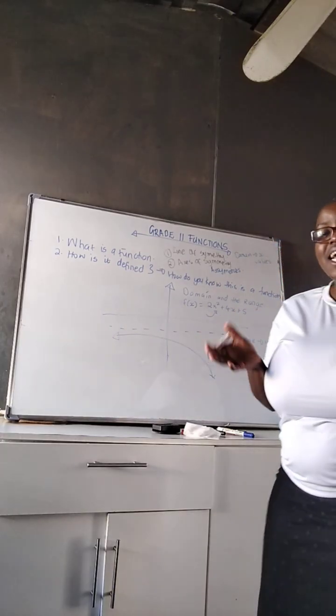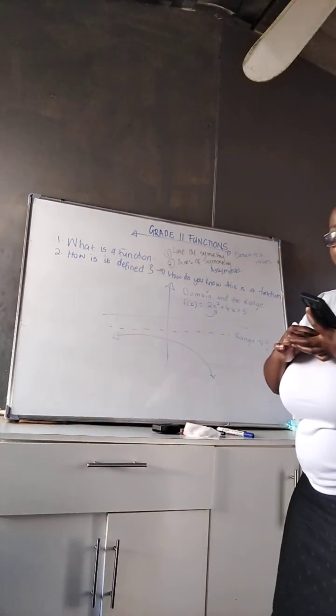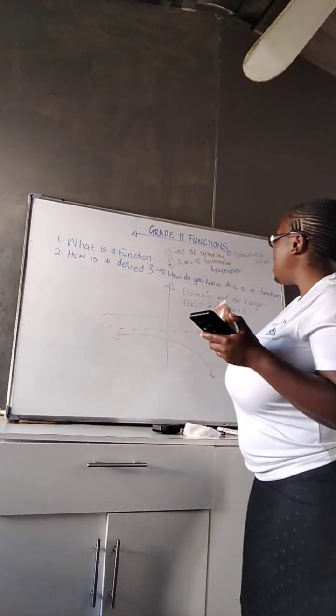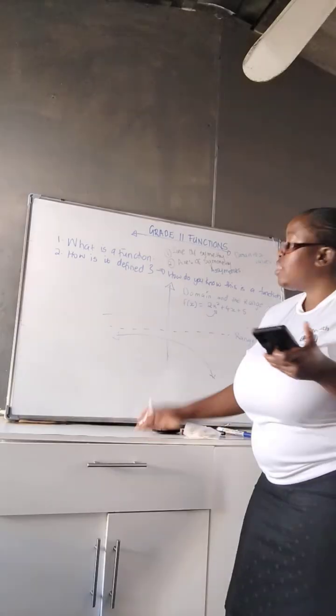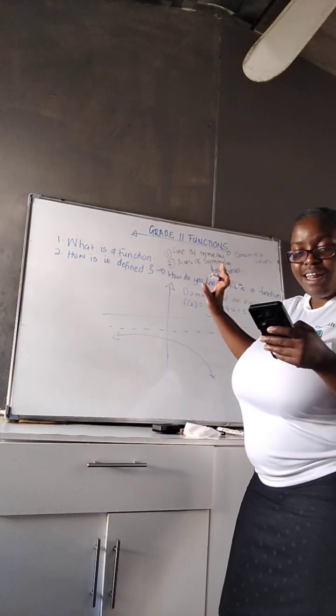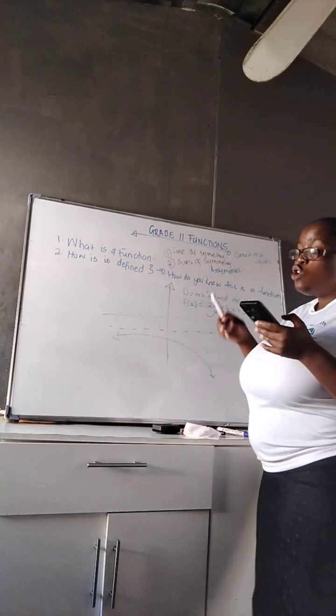So the domain and the range, we are looking into the fact that we are going to define our graph. We are going to define our graph, and it's going to be what? Real in those particular aspects or concepts. And then we must be able to sketch a graph.